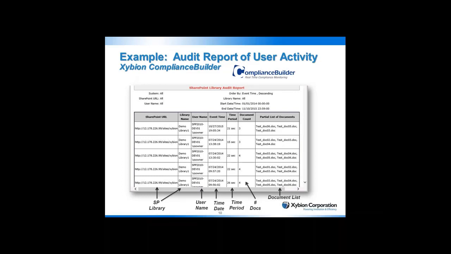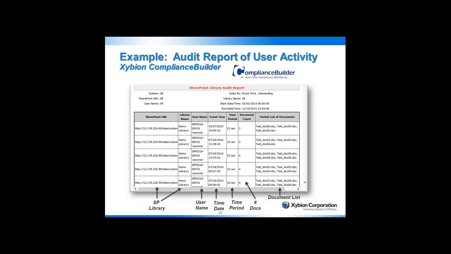So what we're looking at right now is actually the end result of the Compliance Builder SharePoint module, where it tells us who's been doing a lot of excessive downloading, which library they've been downloading from, and also how many documents they have downloaded within a certain time period.